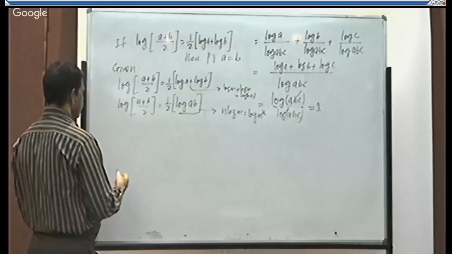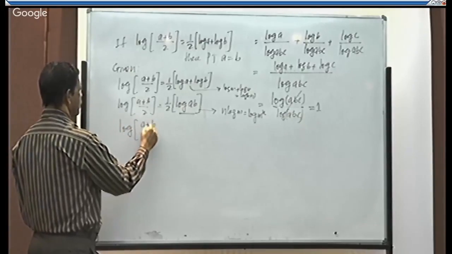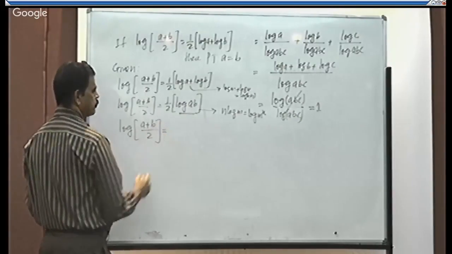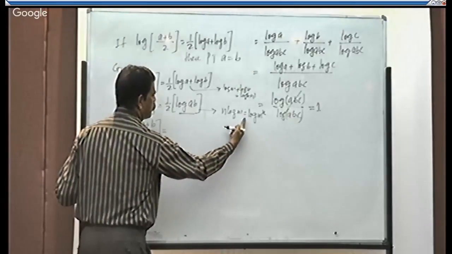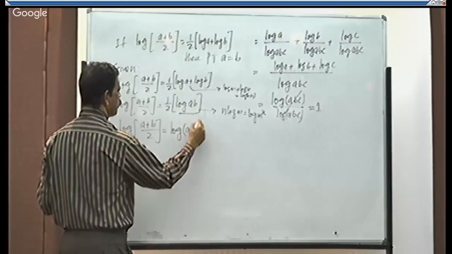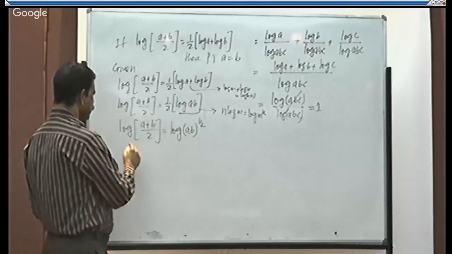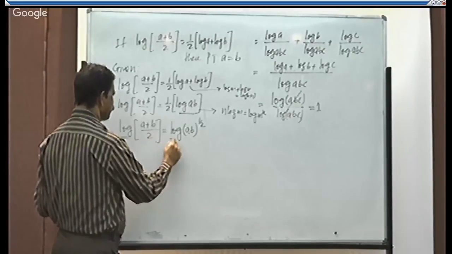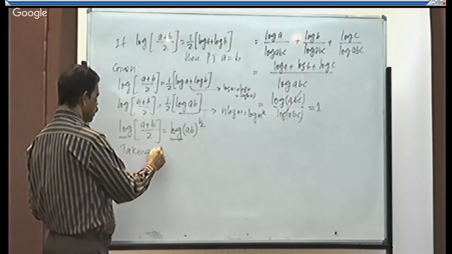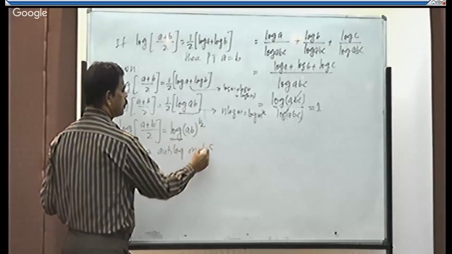So according to this law, the left hand side is log of (a plus b) divided by 2, equal to log of ab to the power of 1 by 2. Both sides are of log terms, so we take anti-log on both sides.